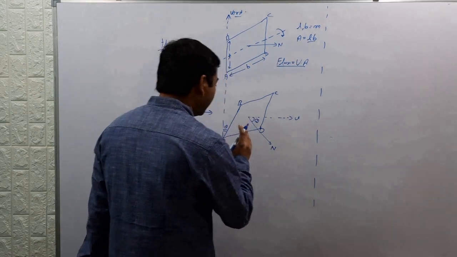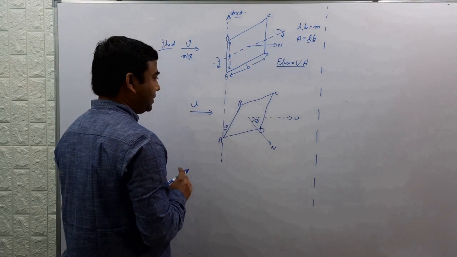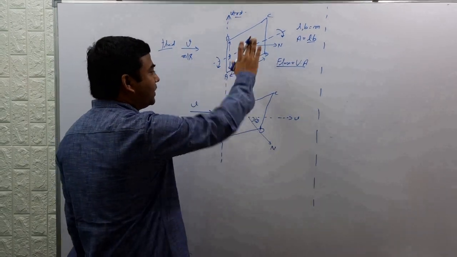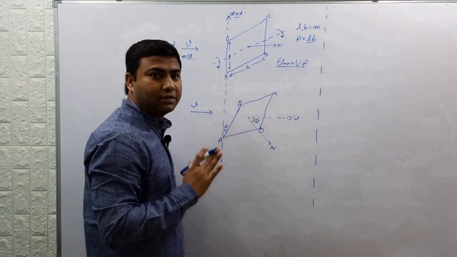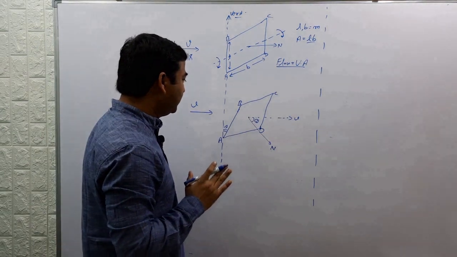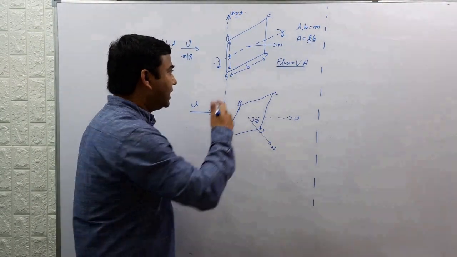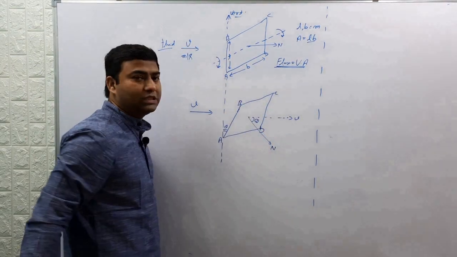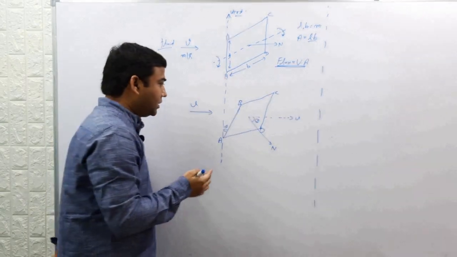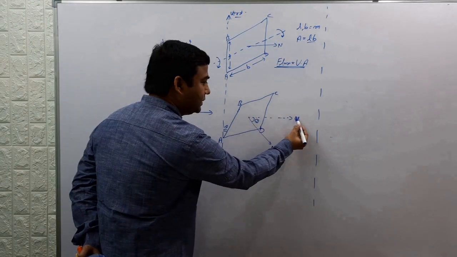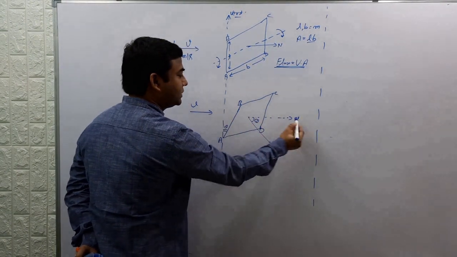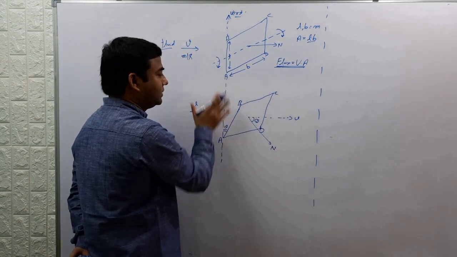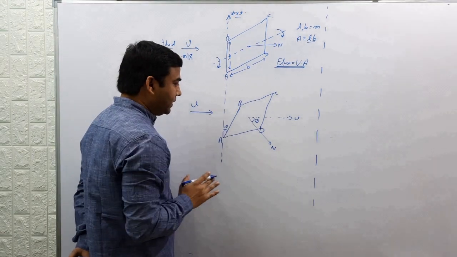And in this case, the extent of flow passing through this area has changed. Earlier the flow was V into A. Now how much flow is passing through this tilted area? The direction of V is unchanged from the previous direction.